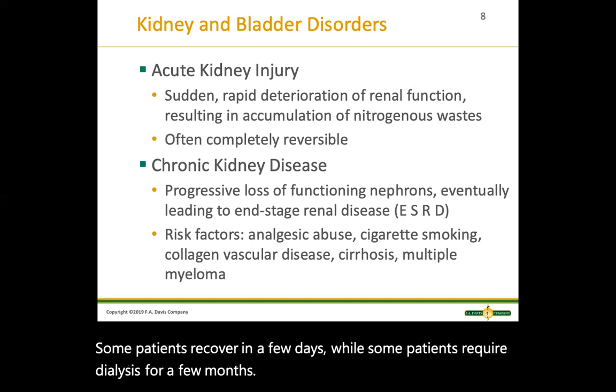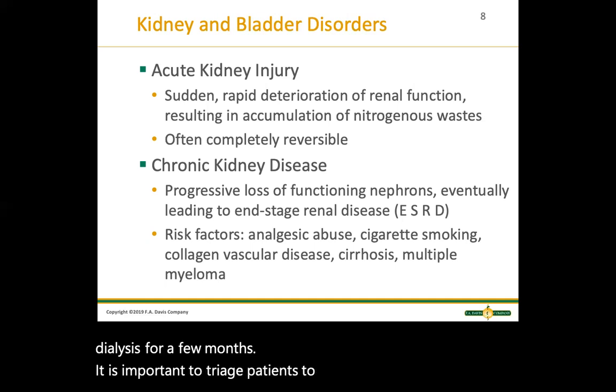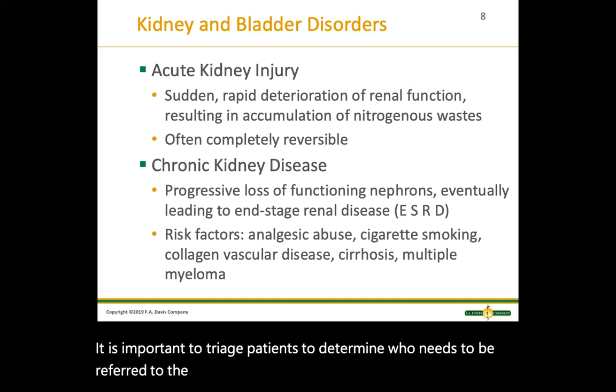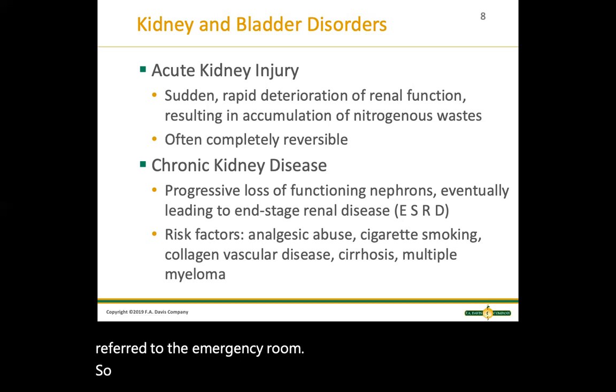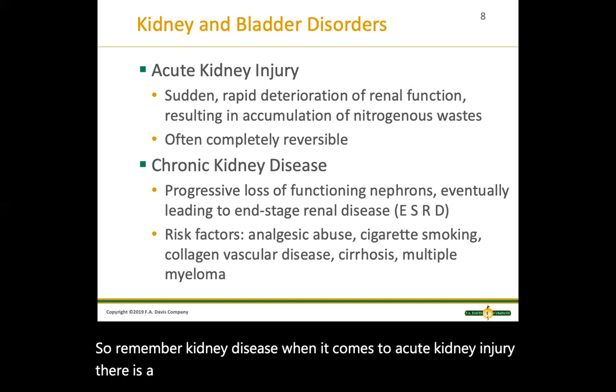It is important to triage patients to determine who needs to be referred to the emergency room. So remember, when it comes to acute kidney injury, there is a staging system called Kidney Disease Improving Global Outcomes, KDIGO.